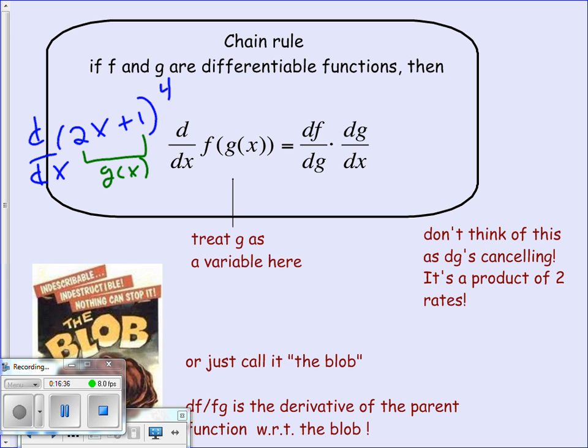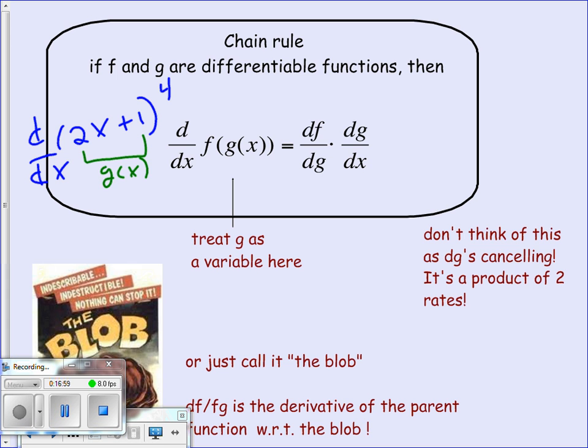So what the chain rule is telling me to do is take the derivative of that entire thing, not with respect to x, but with respect to 2x plus 1. It's a blob. If it helps, you can call it a u. We'll do u subs when we get to integrals. Or just think of it as a blob. This is a blob raised to the fourth.